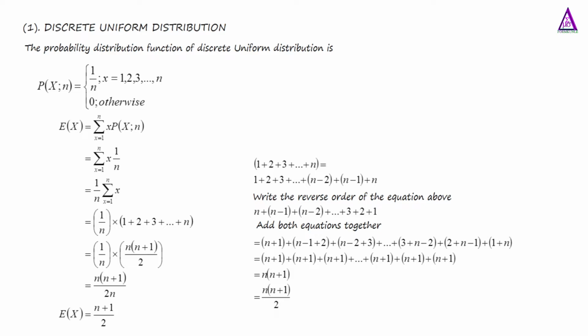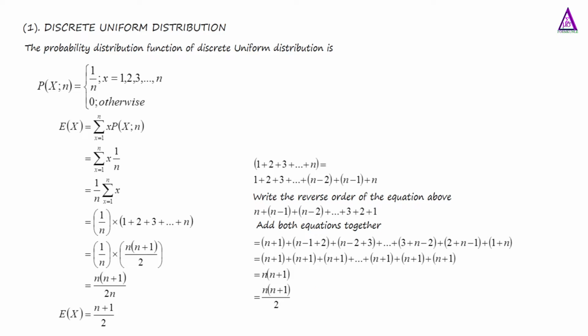That is to say, the n outside represents the nth time of n plus 1. And if we look at this equation very well, we added two equations together to get n(n plus 1). That's the reason why we divide it by 2.